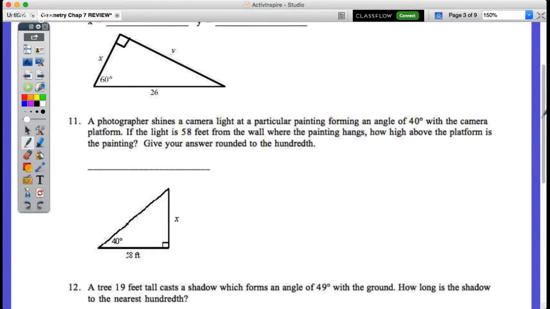Give your answer rounded to the 100th. In the back, if you keep talking, I'm going to kick you out. Can I try it? Sure. Okay, so the ratio to find the x is x over 58. So you are finding the tangent. Hold on a second, so it's opposite over adjacent.